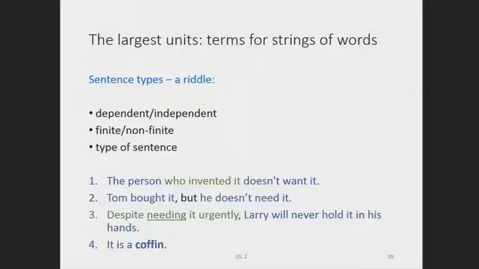Okay, sentence types then. So in the first one we said we have both a main clause and a subordinate clause. What do we call that kind of sentence? We call these complex sentences because they're made up of a main clause and one that's sort of embedded into it. So it's more complex than, for example, the second one, which is two main clauses coordinated by a "but." What do we call those?